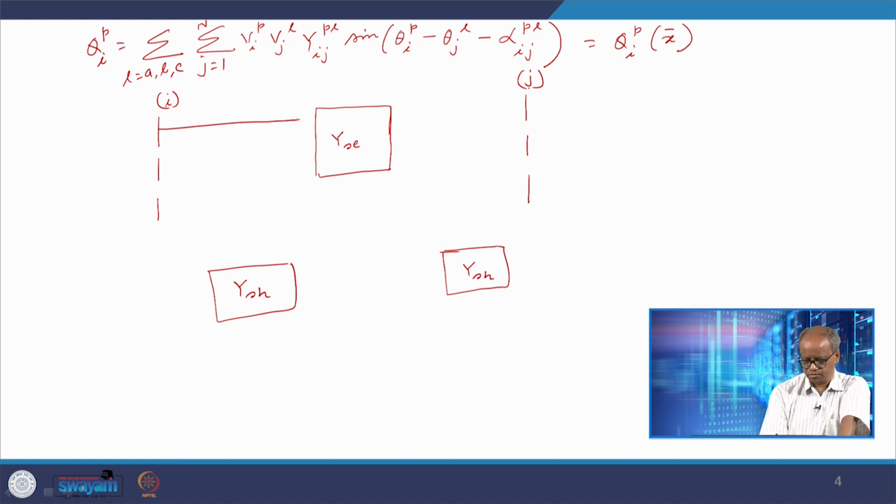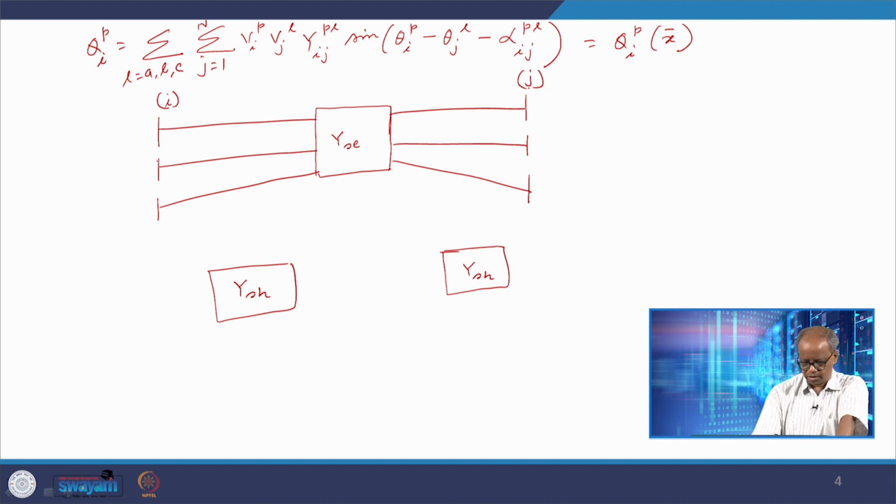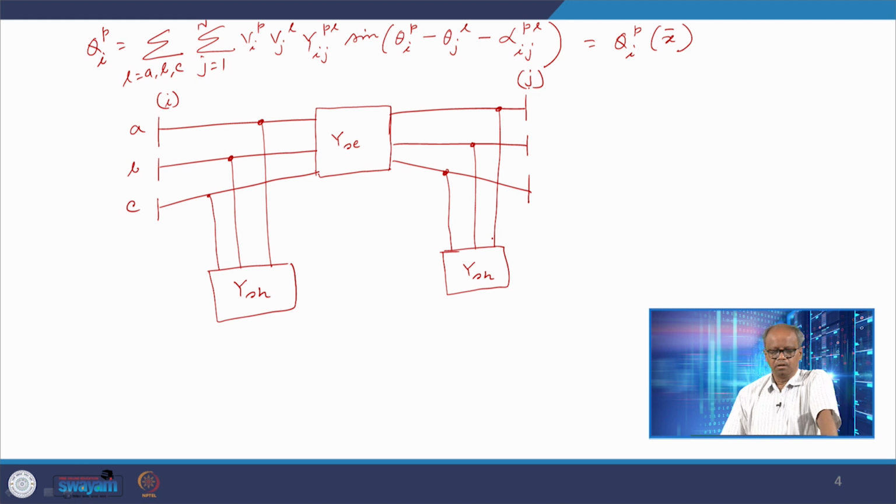Right. So, this is the standard, and so it is phase A, phase B, phase C. Right.